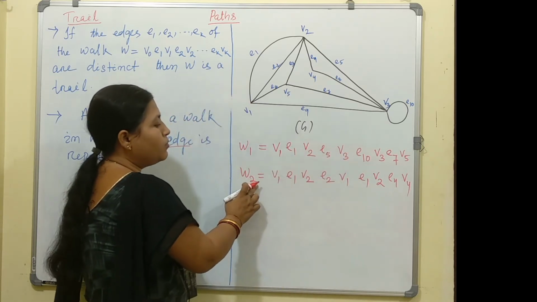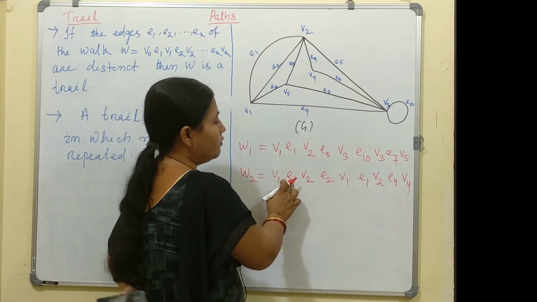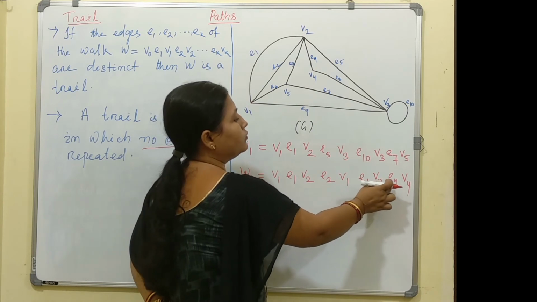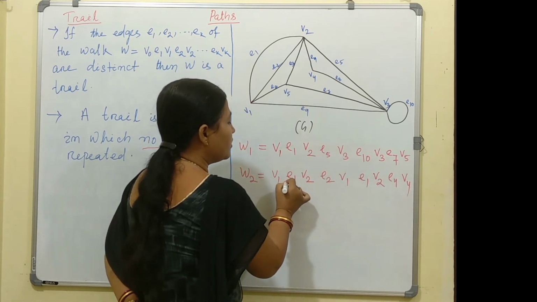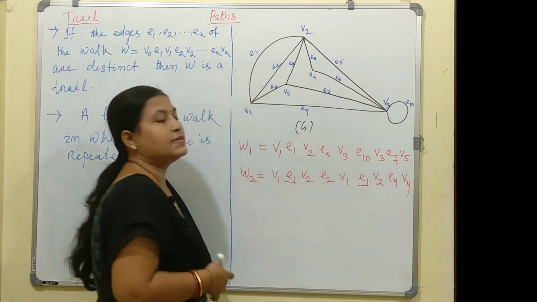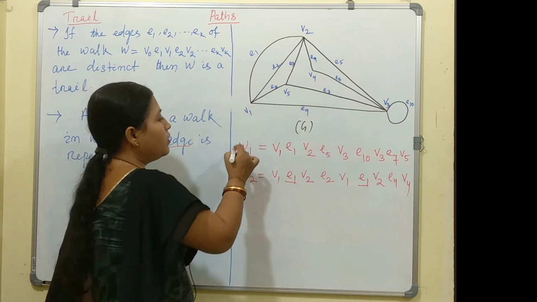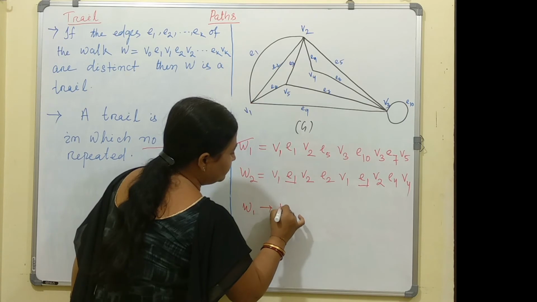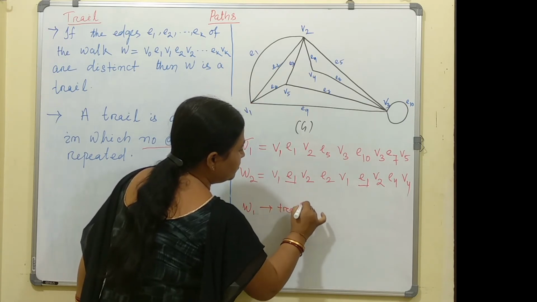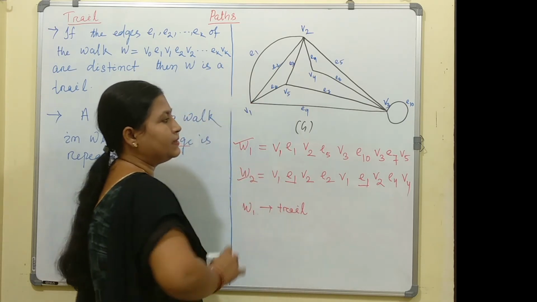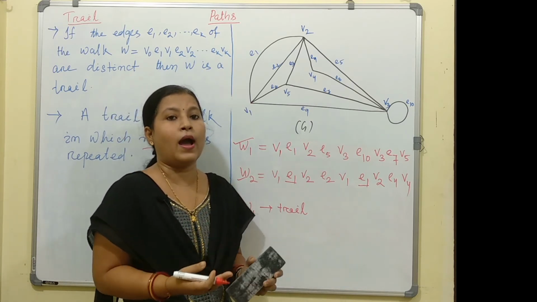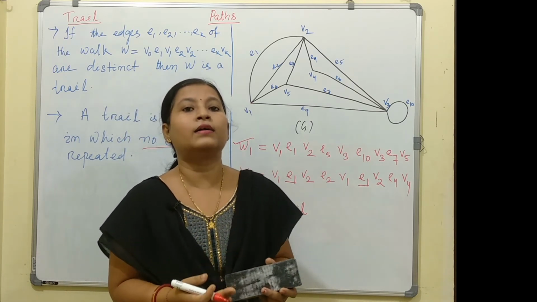But in W2, V1, E1, V2, E2, V1, E1, V2, E4, V4, here E1 is repeated. So W1 is a trail, but W2 is not a trail. So every trail is a walk, but every walk is not a trail.